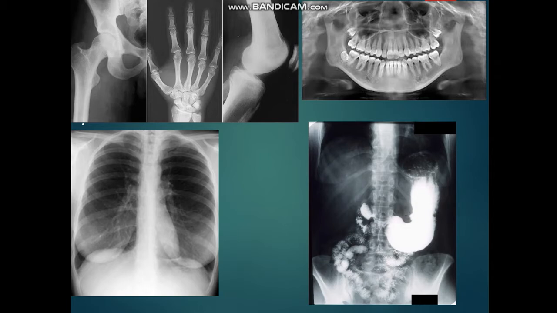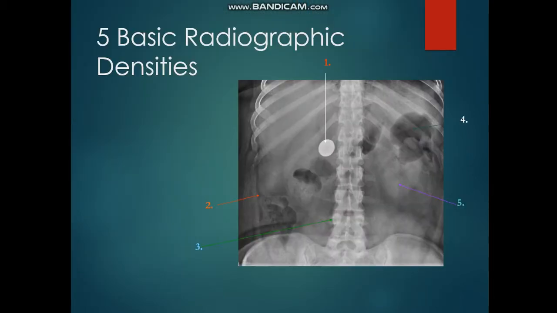X-rays are absorbed to a variable extent as they pass through the body.